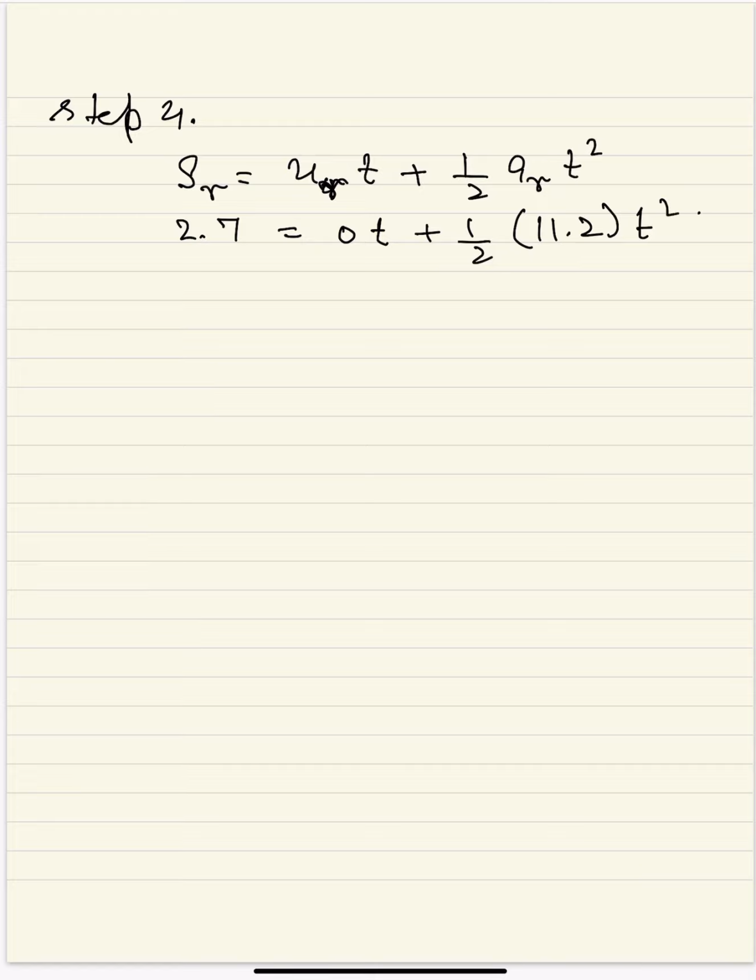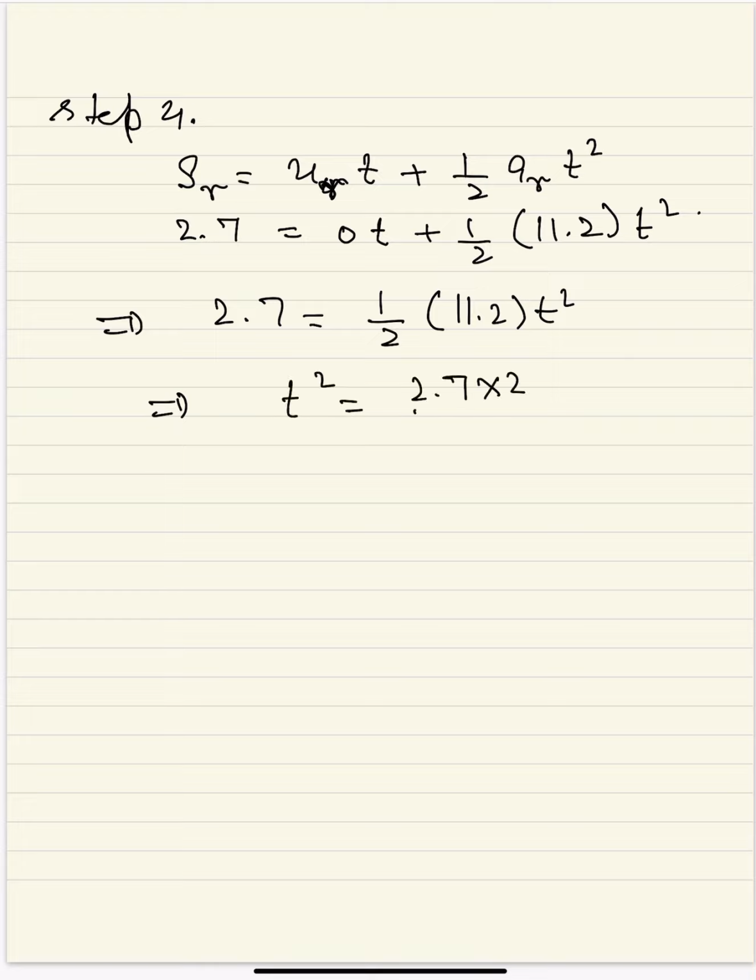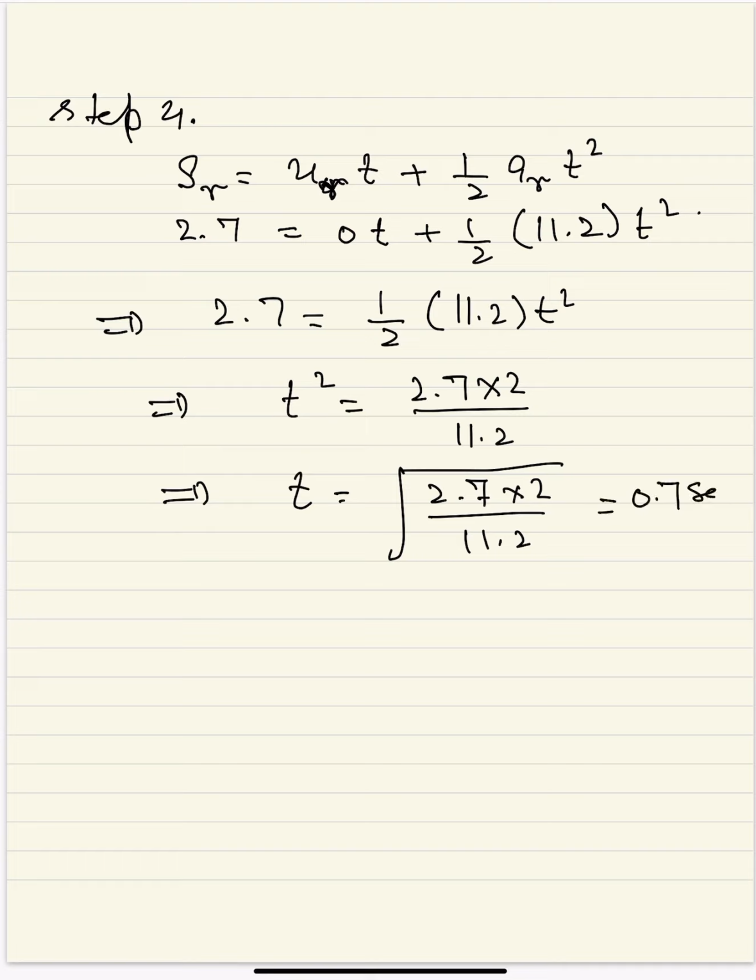So 2.7 is equal to 1 by 2 into 11.2 t square, that is t square is equal to 2.7 into 2 by 11.2. What's t equal to? Time in which the bolt falls from top to the bottom of the elevator is root of 2.7 into 2 by 11.2, that is 0.7 seconds.